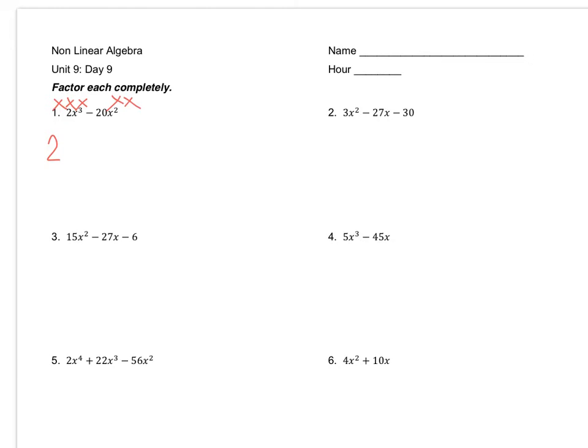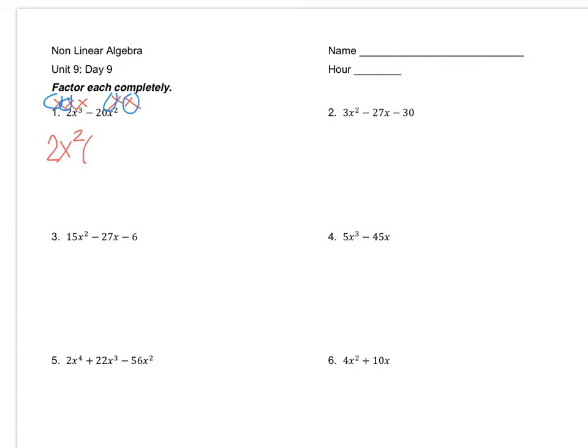So how many x's do I have in common in both of them? I have 2 x's in both of them. I have 1, 2 here, and 1, 2 here. So I'm going to factor out 2x squared. That is my greatest common factor.